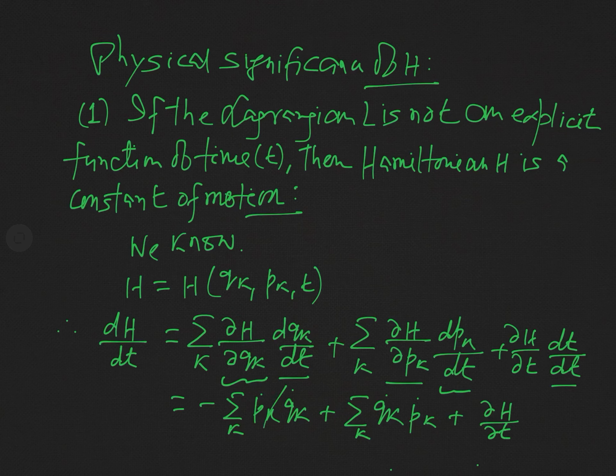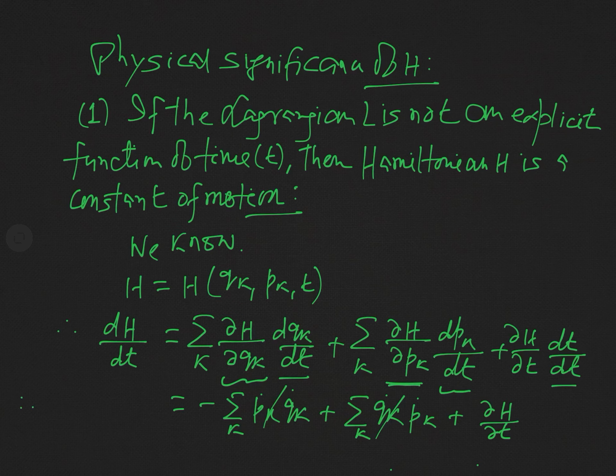And you can see that these two terms will cancel out. Remember, here I have used Hamilton's canonical equations which we just derived. This del H by del qk in accordance with Hamilton's equations is minus pk dot, and this del H by del pk is qk dot.